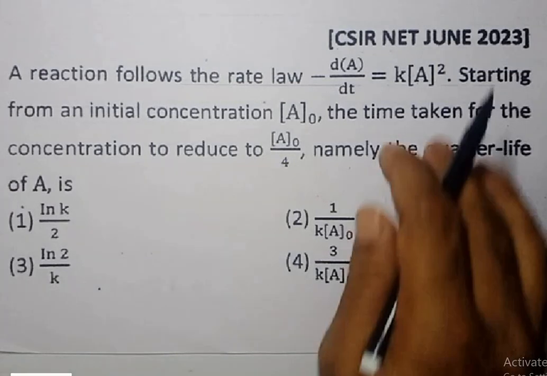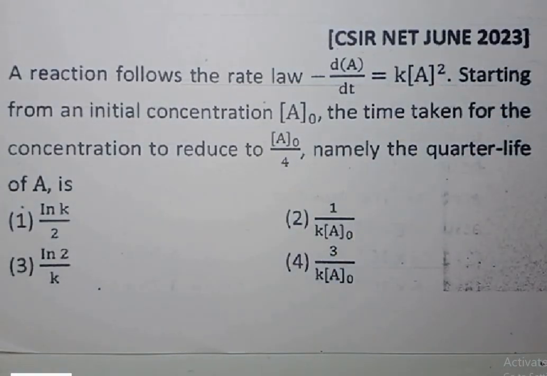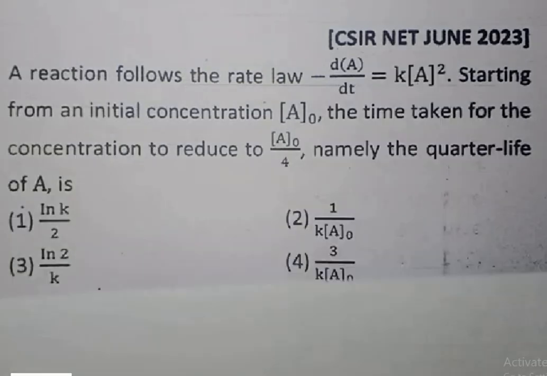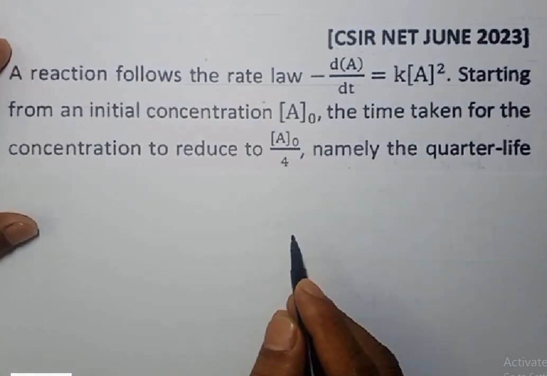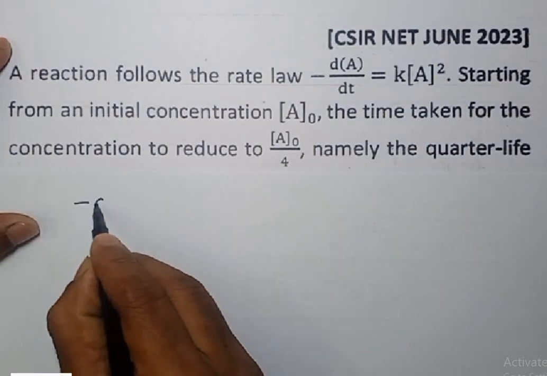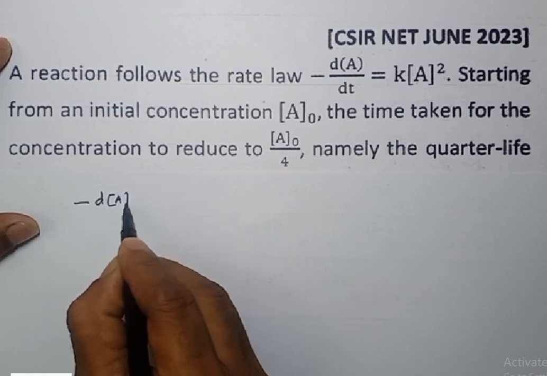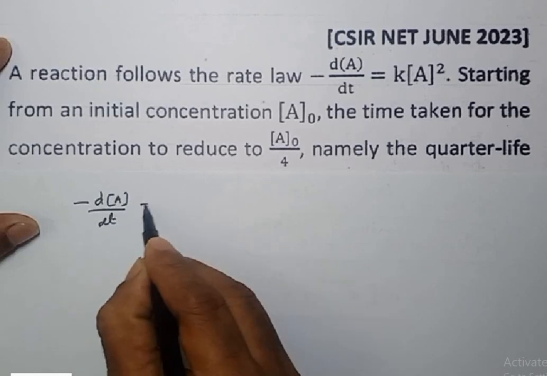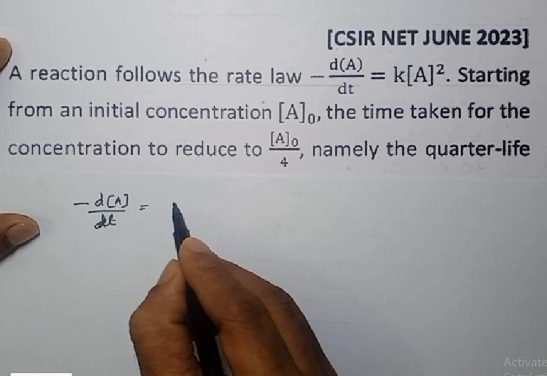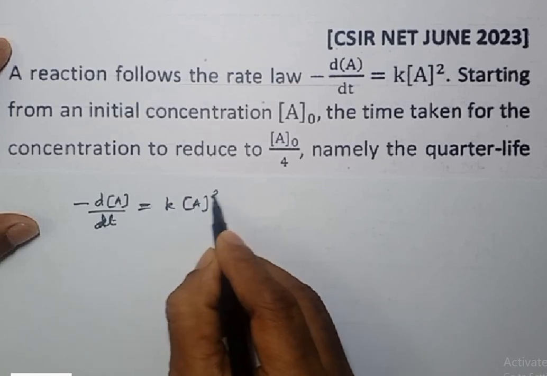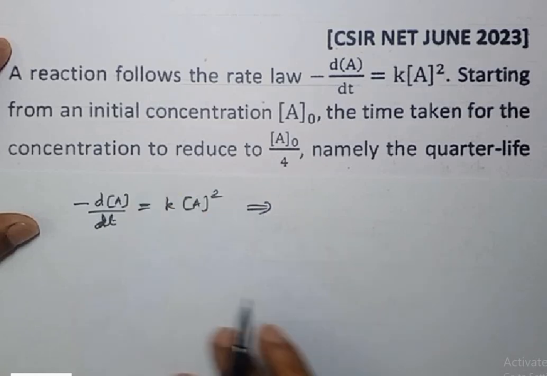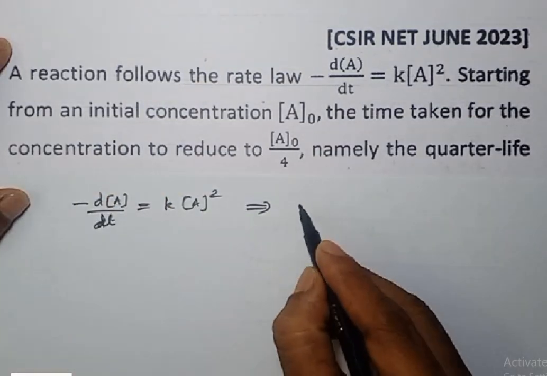Listen, it is given clearly as a second order reaction. You know very well, for a second order reaction, the expression for the rate constant is, let me write here, a simple rate constant expression. For this type of differential equation, k into A square, if you do the derivation, you will end up with this final expression.